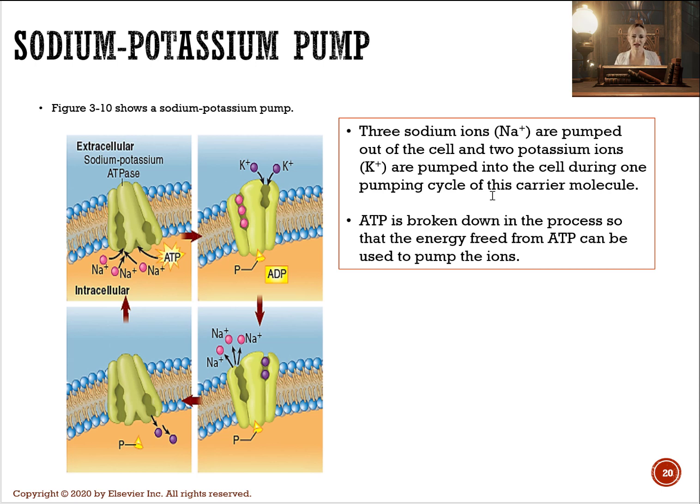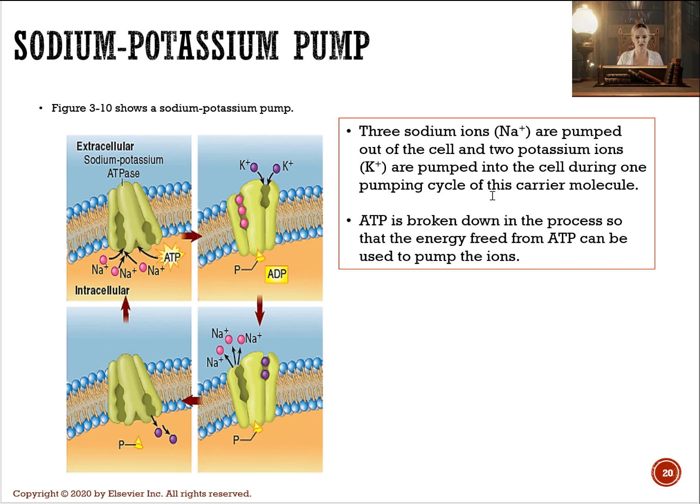So, let's take a look at what's actually happening here. If you'll note, the pink little dots are sodium. Na+ means sodium. Then the purple that's labeled as K+ means potassium. So potassium is abbreviated as K+.